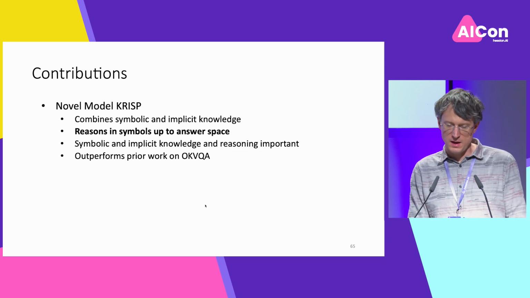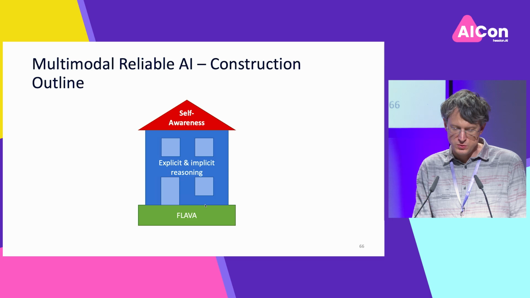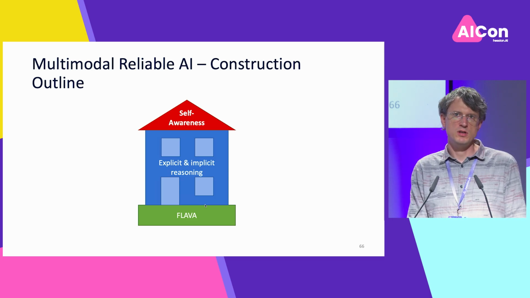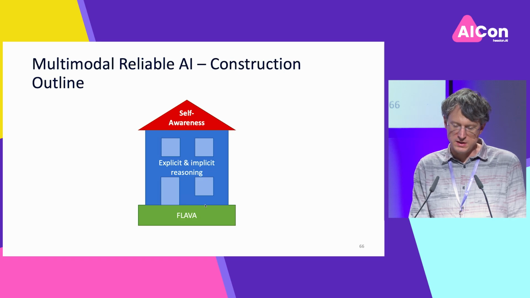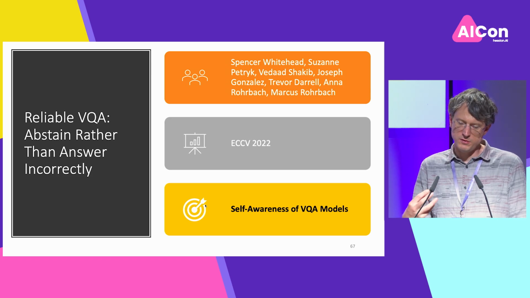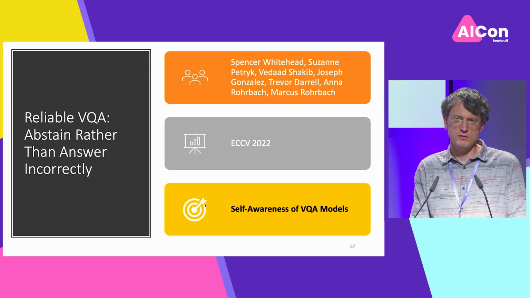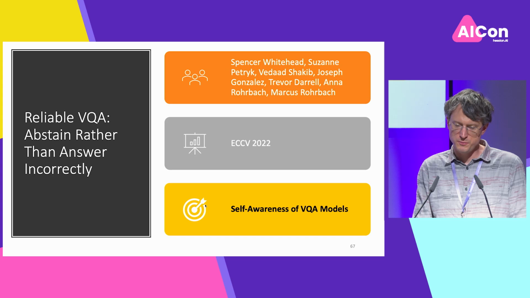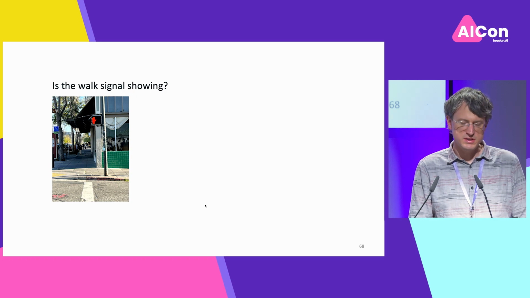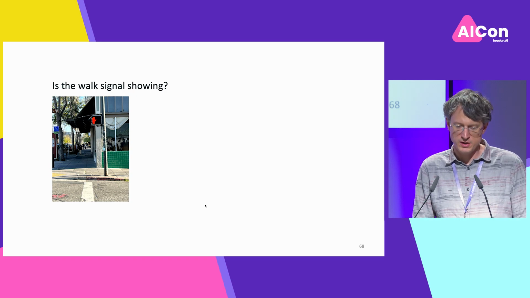With that, I come to the last part, which is understanding how we can make models more self-aware, and I'll say a bit what I mean by this. Here, we want to increase the self-awareness of visual question answering models. Let me come to an example to explain this better. If you think about this image, is the walk signal showing?